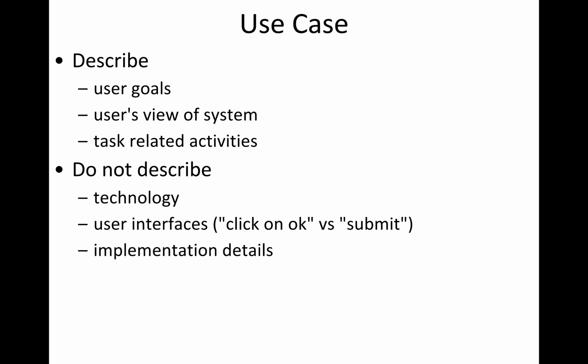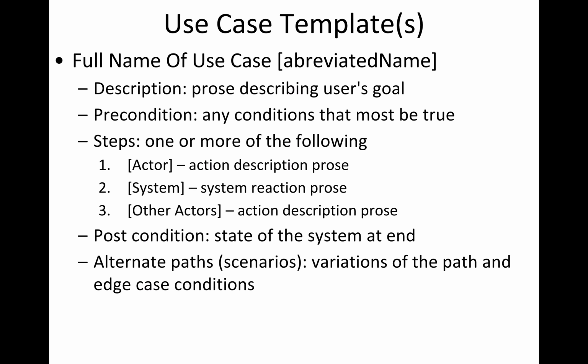So the use case does not dictate how this is going to look or how it's going to be laid out. That's going to be left to later phases of the project. So no implementation details.